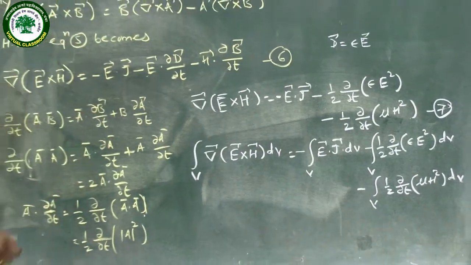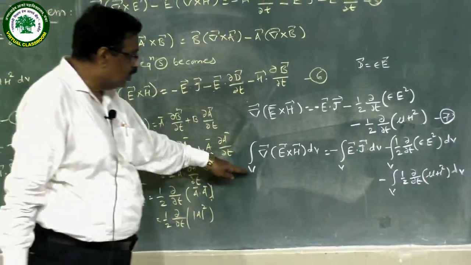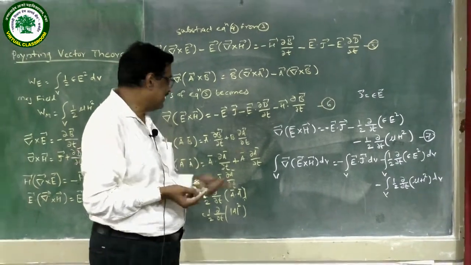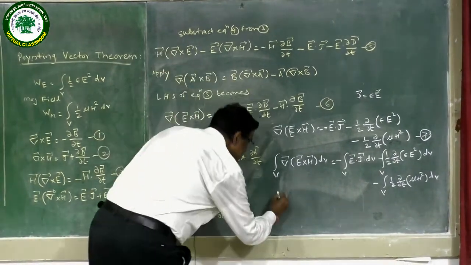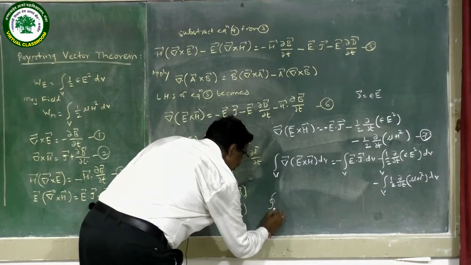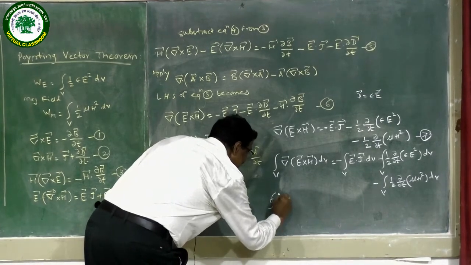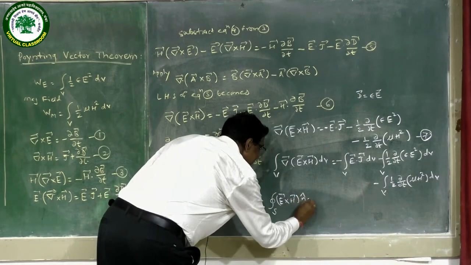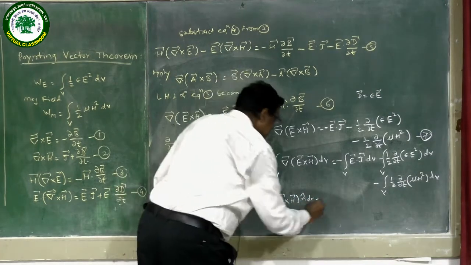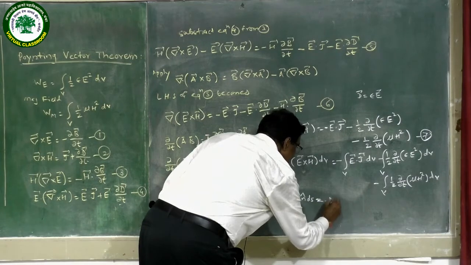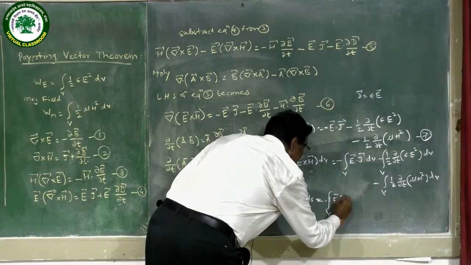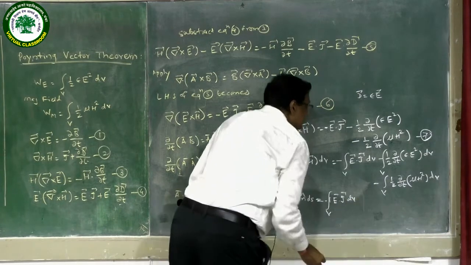On the left hand side we have the divergence operator along with the volume integral. So this volume integral is easily transferred into a surface integral. The equation is written as the integral over S of E cross H dot n dS, and on the right hand side we have the same terms, minus the integral over V of E dot J into dV.